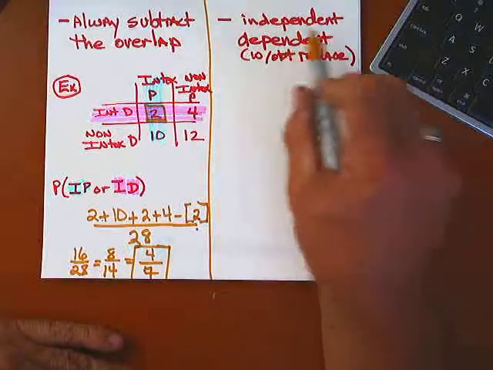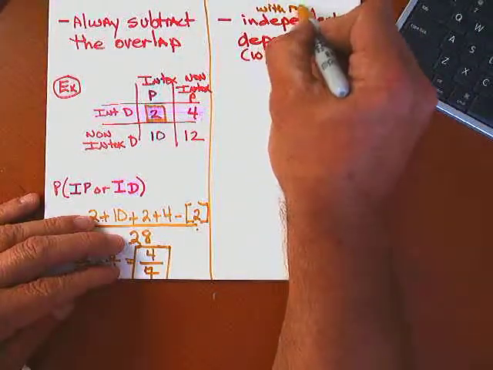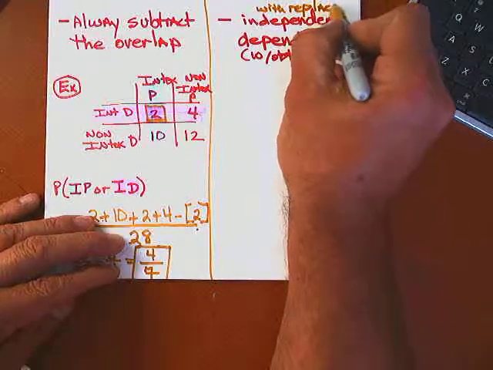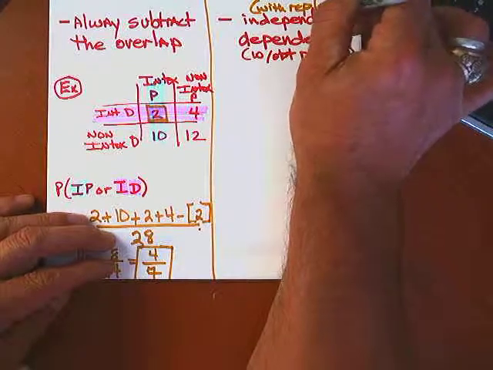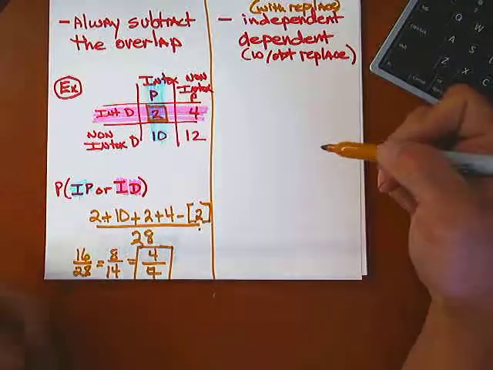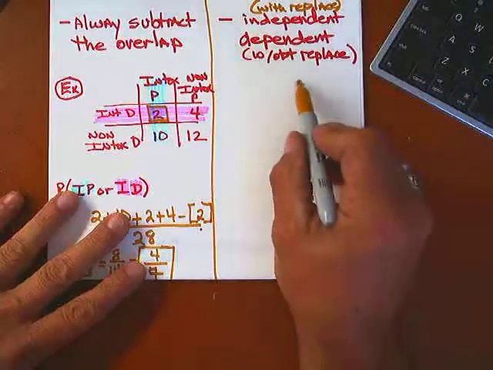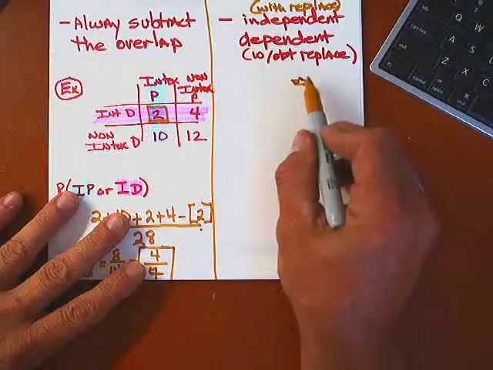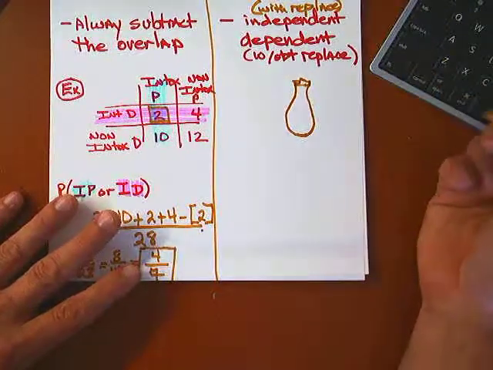The multiplicative law, usually you don't have a table, but you might. But the without replacement and with replacement is the factor here. And what I'd like to do here is explain without and with replacement. Let's say that you have a bag of marbles.